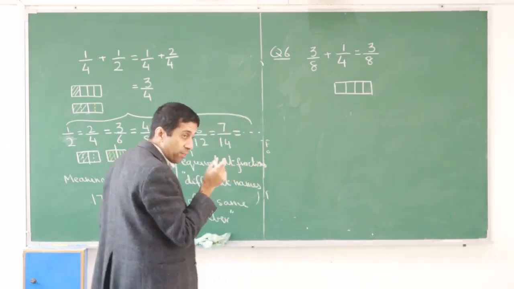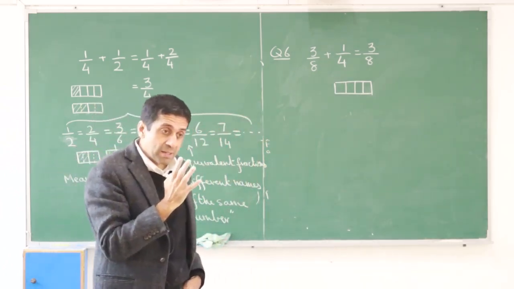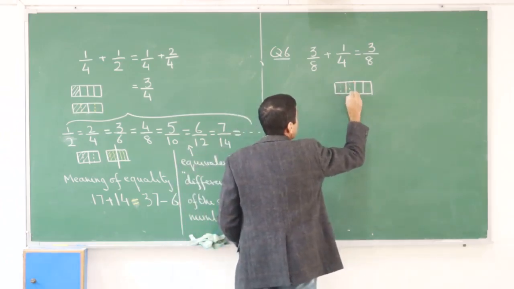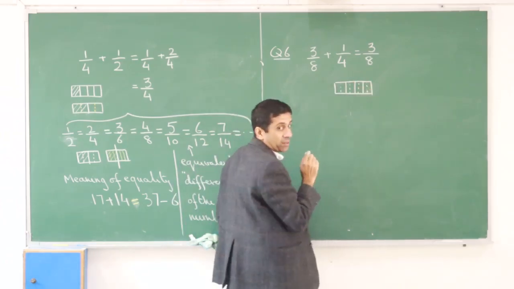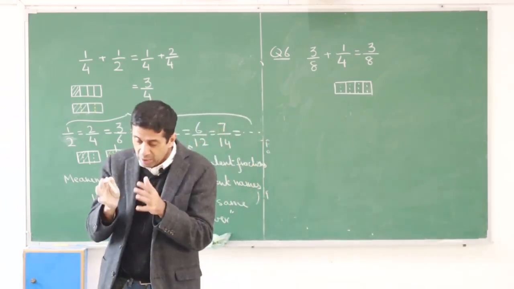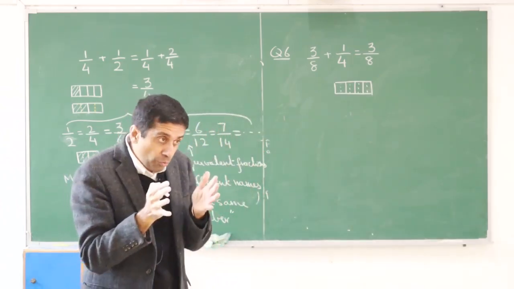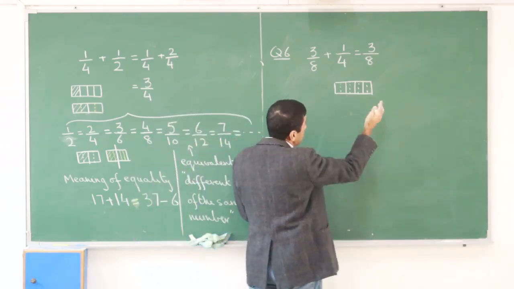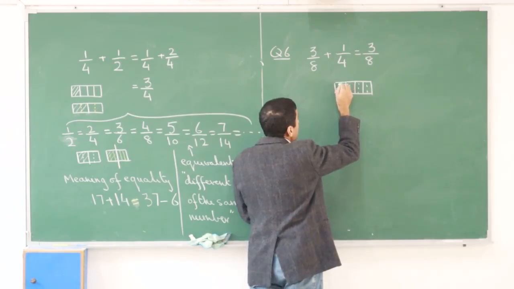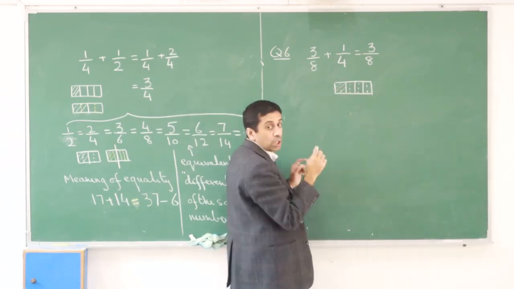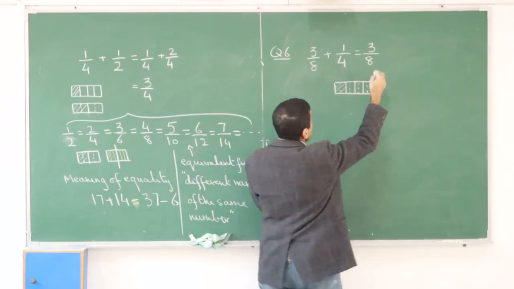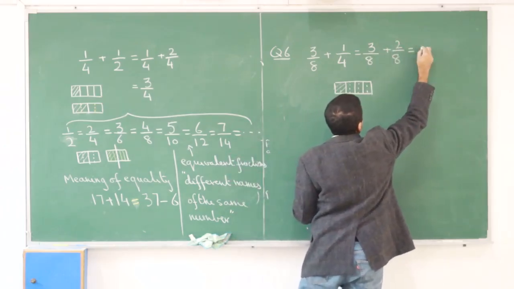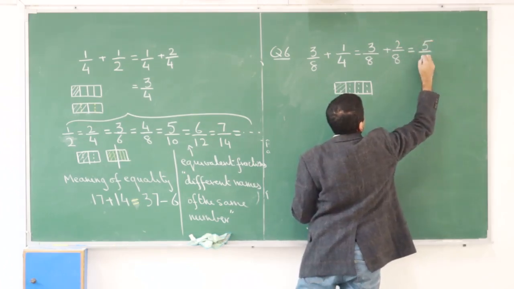But if I take a fourth and divide it into 2 equal pieces, how many total pieces will I get? 8 pieces, because 4 2s are 8, right? So the 4 pieces will get converted into 8 smaller pieces, which means 1/4 is equal to 2 over 8, or 2 eighths. So this will be 2 eighths, which will be equal to 5 over 8.